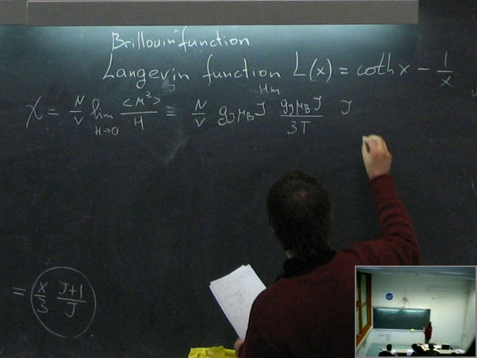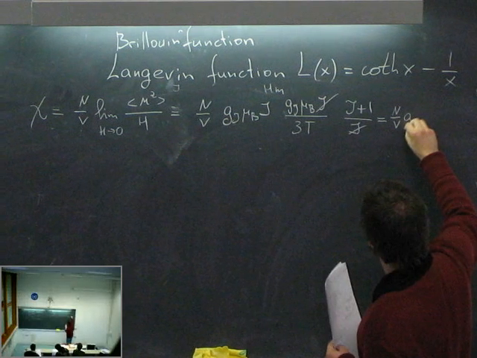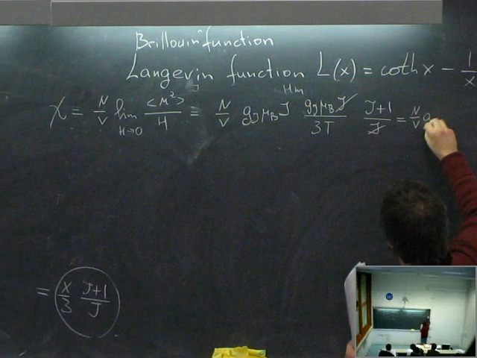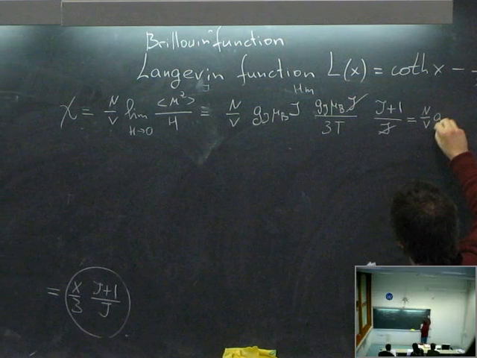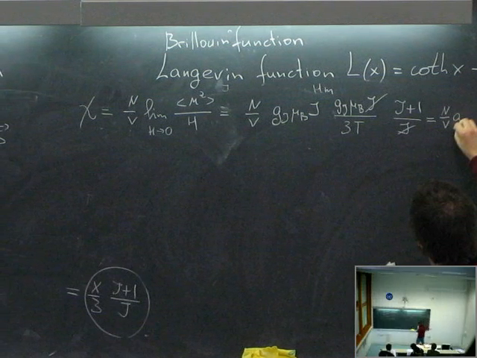Okay? So one j is cancelled out, and what we have is n over B, (g_j mu_Bohr) squared, j(j + 1) over 3 temperature.